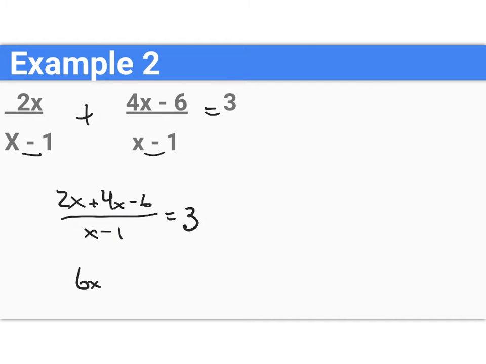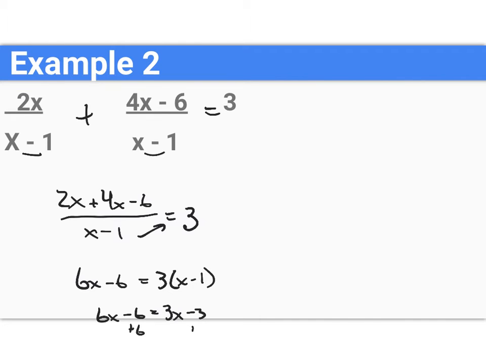Okay, 6x minus 6 equals 3 times x minus 1, because I cross multiplied. And because 3 has no denominator, that's all I did. So we get 6x minus 6 equals 3x minus 3. And the reason why I distributed is because I have some math to go.